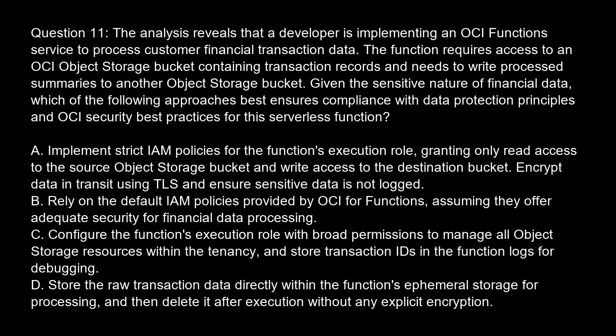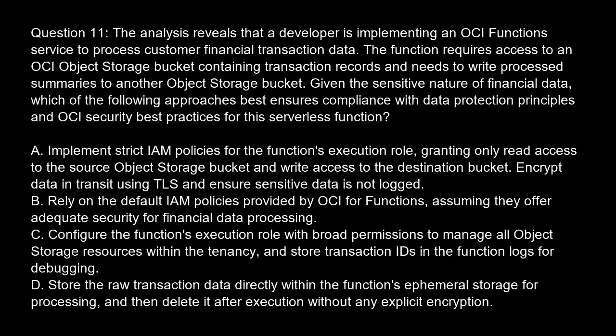Option A. Implement strict IAM policies for the function's execution role, granting only read access to the source object storage bucket and write access to the destination bucket. Encrypt data in transit using TLS and ensure sensitive data is not logged. Option B. Rely on the default IAM policies provided by OCI for functions, assuming they offer adequate security for financial data processing.